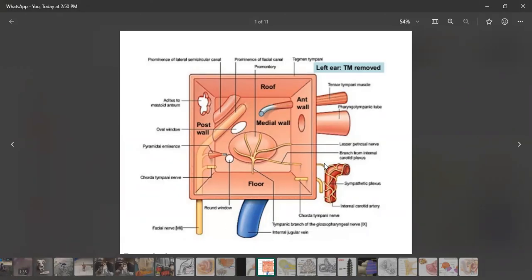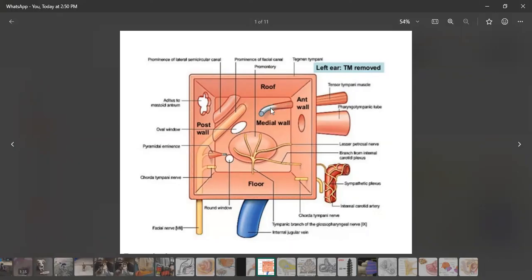Then let's talk about the anterior wall. On the anterior wall, you have these two structures which pierce it. This is the tensor tympani muscle. It starts from the auditory tube and passes to be inserted into the handle of the malleus. Remember we said that this tensor tympani muscle is what keeps the pars tensa tense.